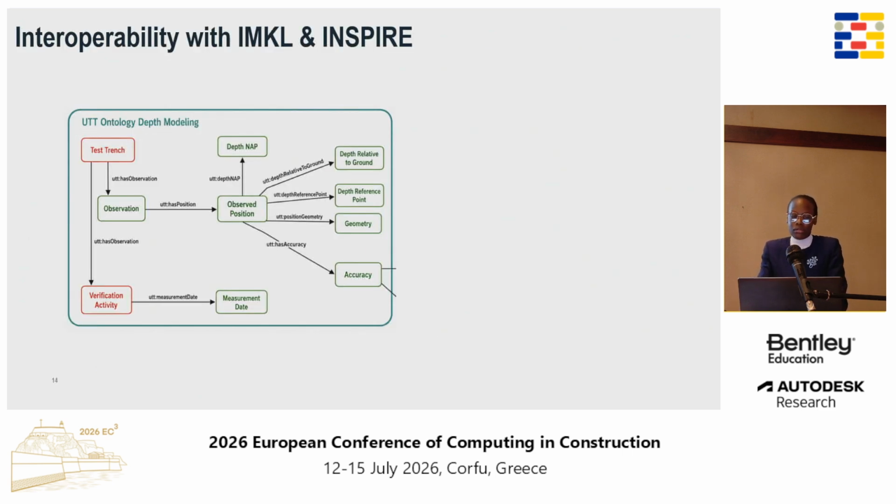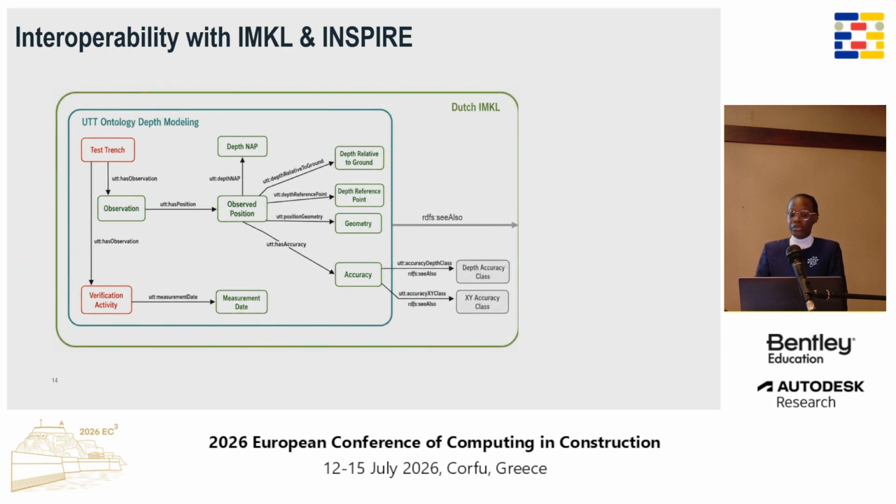Now, this is our own ontology, which we call the UTT, or Universal Test Trench Ontology Model. But in terms of the ontology, we are able to refer to existing data models that already exist and make sure that it refers to what already exists through RDF also.